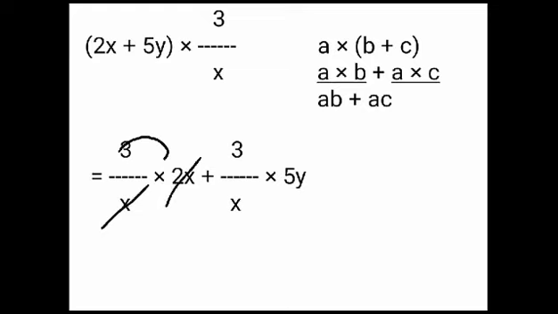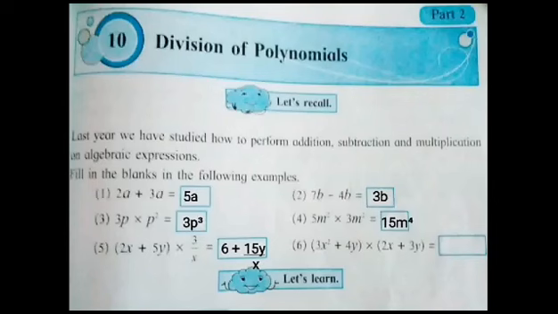Okay, this part I solved. Now solve this part. 3 5s are 15, 15 into y, 15y upon x. So the final answer is 6 plus 15y upon x. You have to write the answer here.